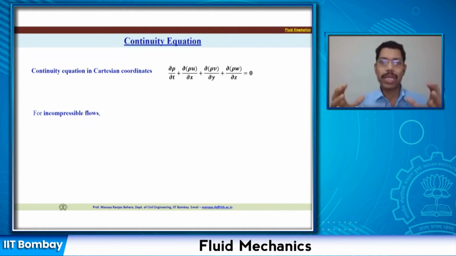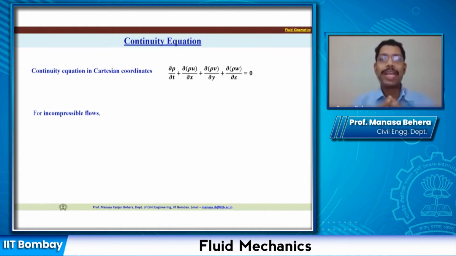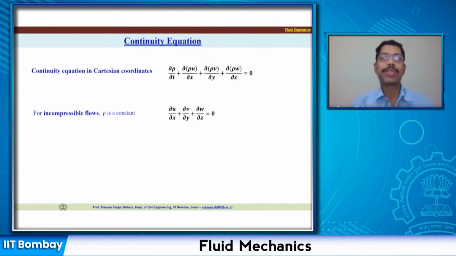So when rho is constant, you can take it out. And when you take it out, the other side is 0, so it will disappear. So finally you could write down the equation as dou u by dou x plus dou v by dou y plus dou w by dou z is equal to 0, because the first term dou rho by dou t is going to be 0, because rho is a constant, the derivative of a constant is 0, so that term is going to disappear anyway.